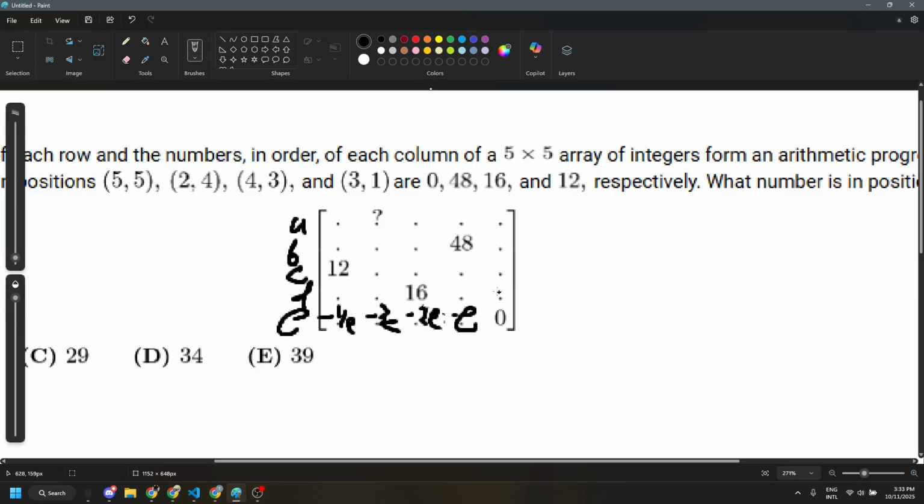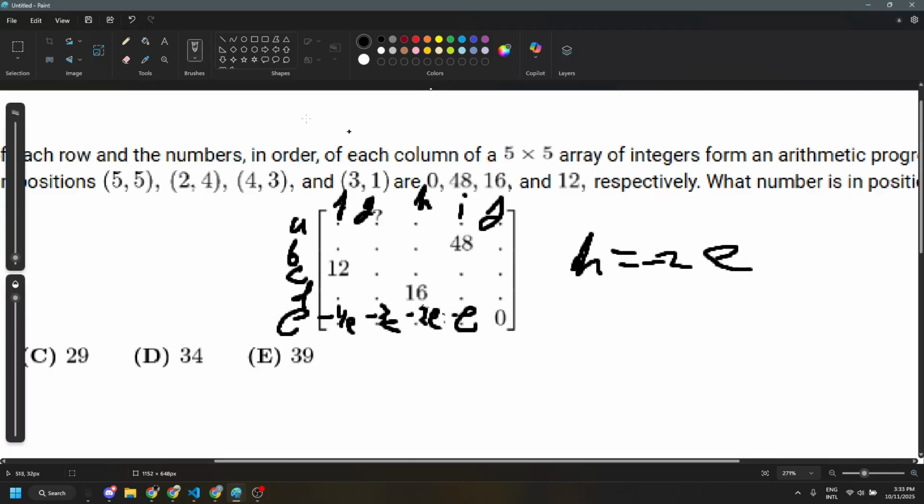Here we have 16 plus 2d, 16 plus d. Let's see, then we'll have E, F, G, H, I, J. So we know that H is equal to negative 2E.